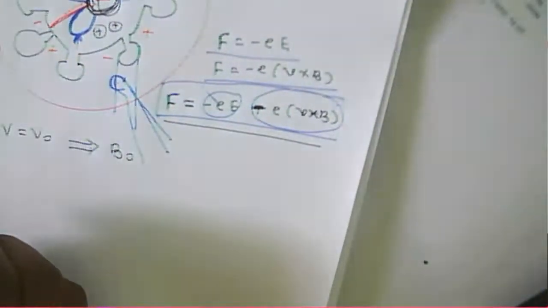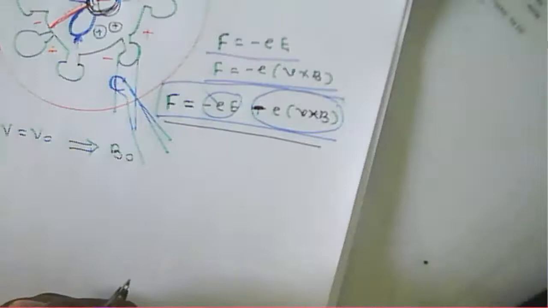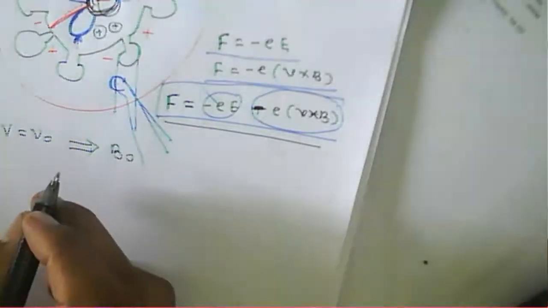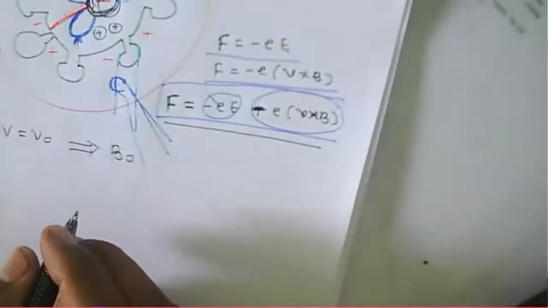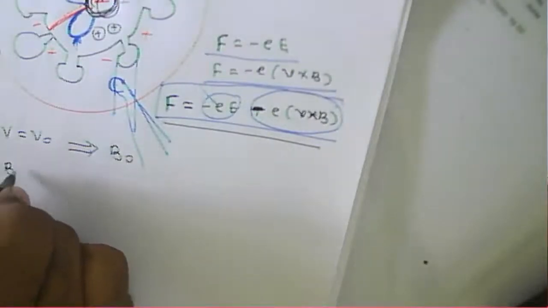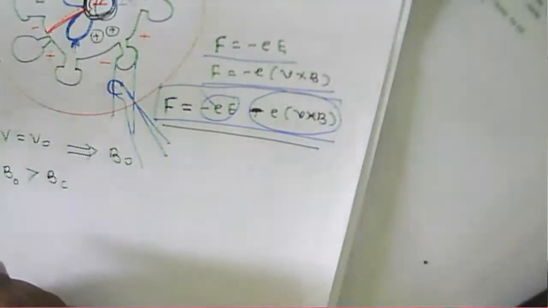So the electrons just graze the anode. That is about the electron moving from this particular cathode. And if B0 is greater than BC, we can say that is a cutoff magnetic field.